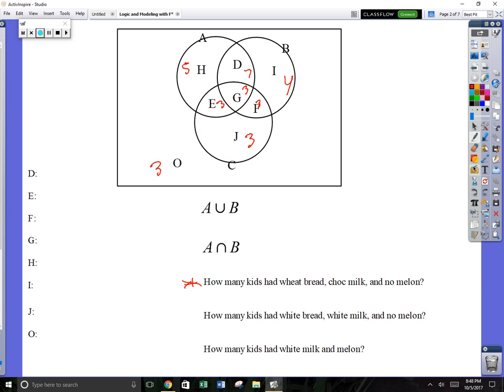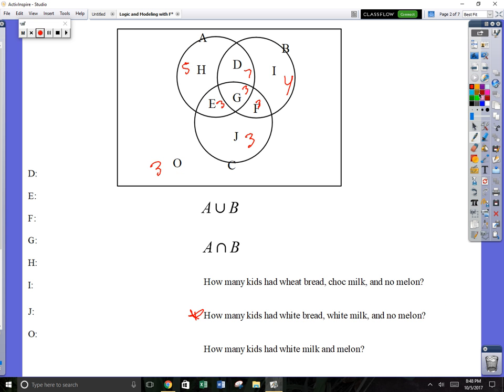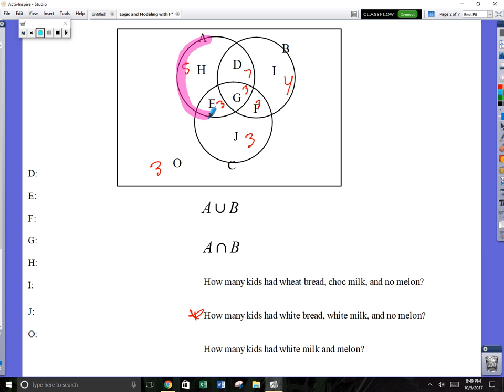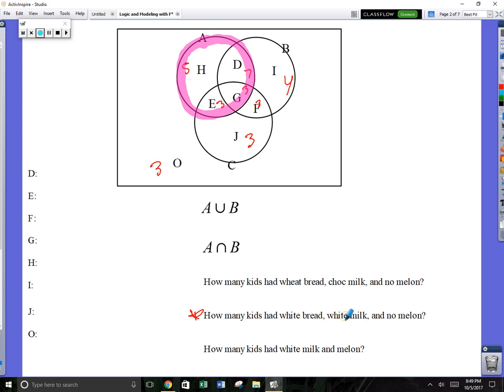Let's do the next question. How many kids had white bread, white milk, and no melon? So they had white bread, so they live somewhere in set A. Now they had white milk, so this is the chocolate milk circle, so they can't live in the chocolate milk circle.